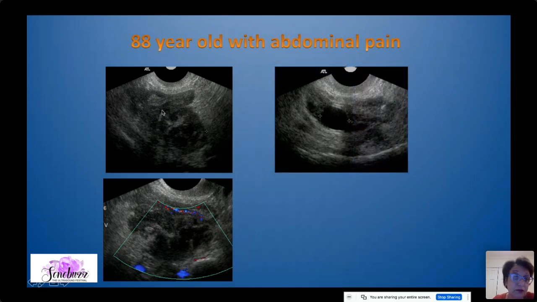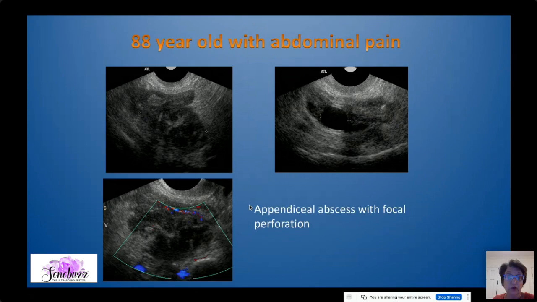You see the same cystic and solid mass. And again, we thought that was most likely an ovarian cancer. But fortunately for her, it turned out to be an appendiceal abscess which had ruptured with focal perforation. And perhaps we could have picked up on the ultrasound that there was a loop of bowel intimately related to this. Anyway, it was lucky for her.